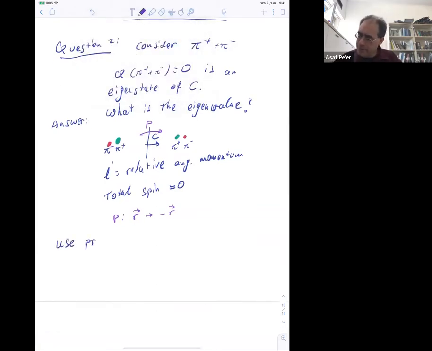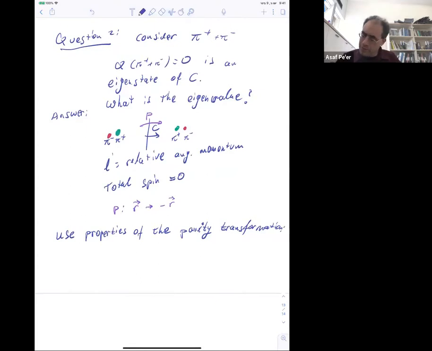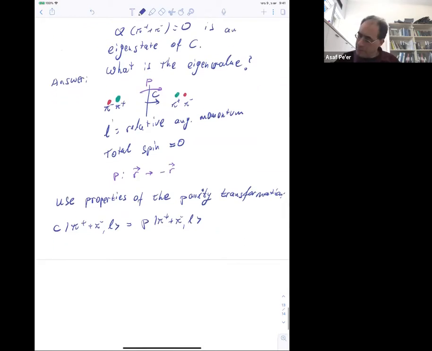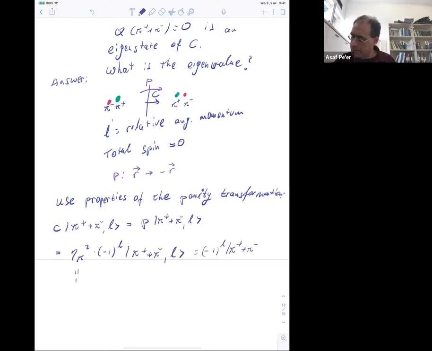So C acting on pi plus pi minus with some orbital angular momentum L is the same as the parity acting on pi plus pi minus with an orbital angular momentum L. So this is just eta pion squared times (-1) to the power L times pi plus pi minus L, where eta pion squared is just 1. So this is just (-1)^L times pi plus pi minus L. L is the relative angular momentum between the pions.